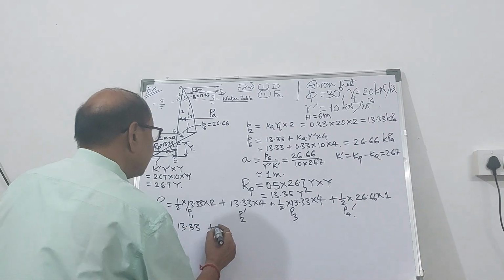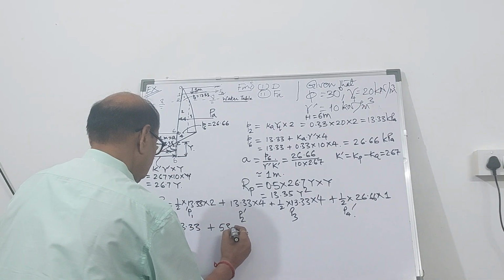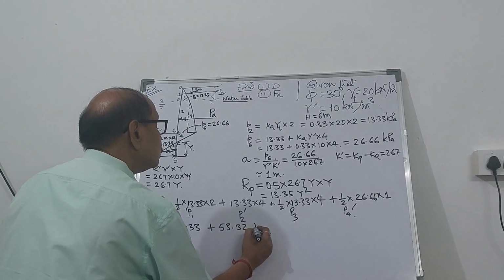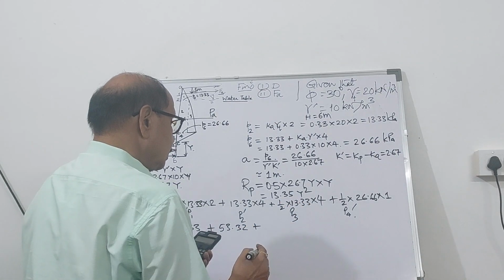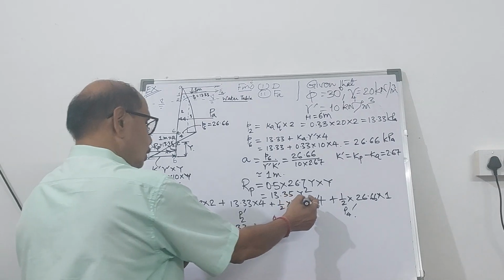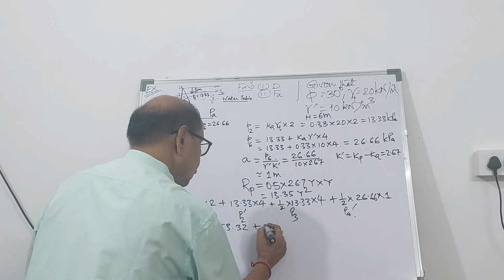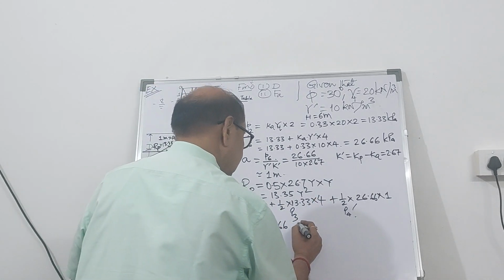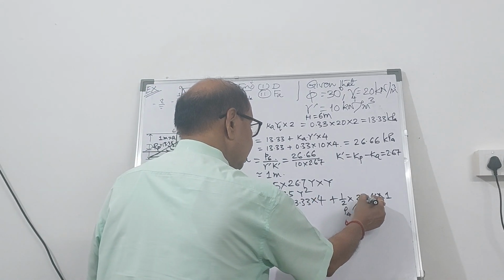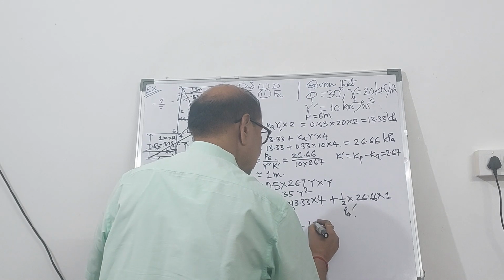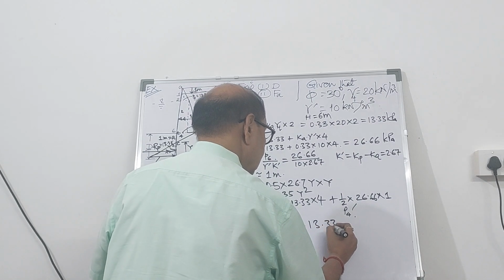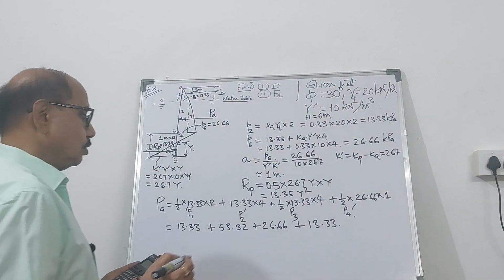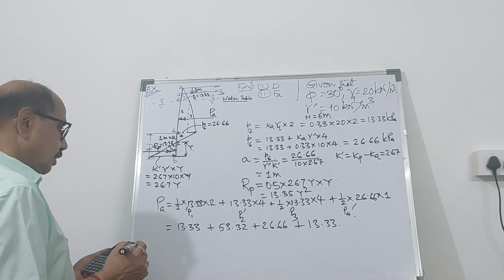This becomes 53.32 plus this is 2 into 26.66, plus this is going to be half of this, 13.33.